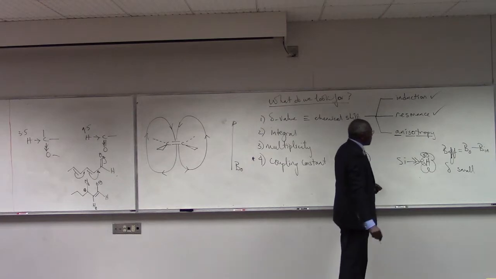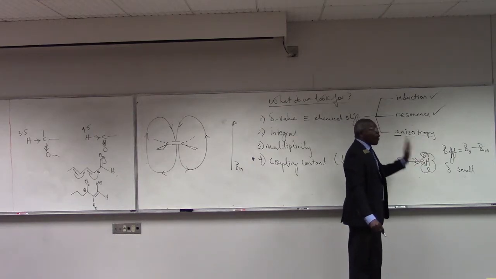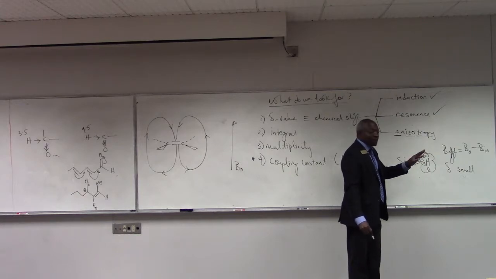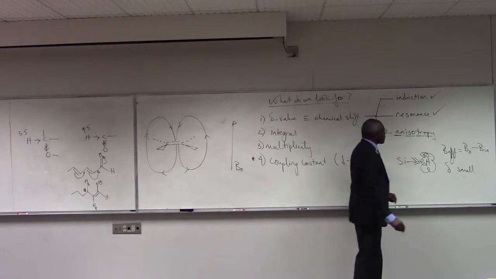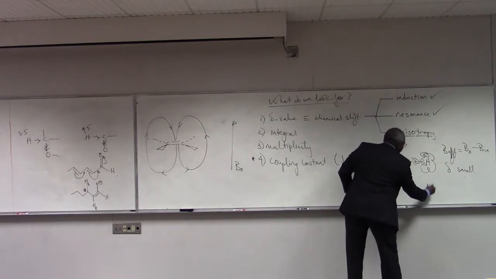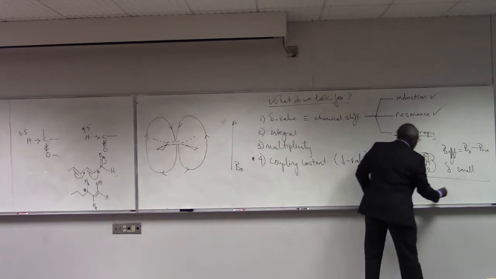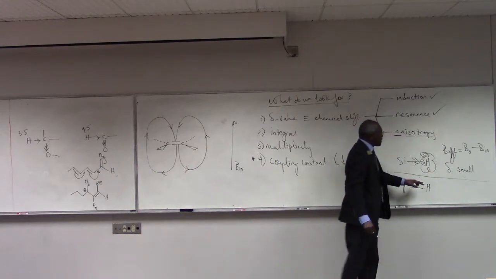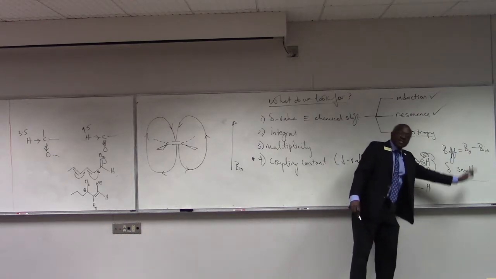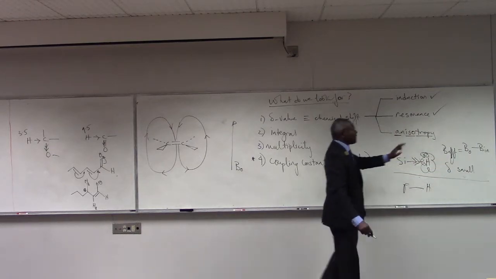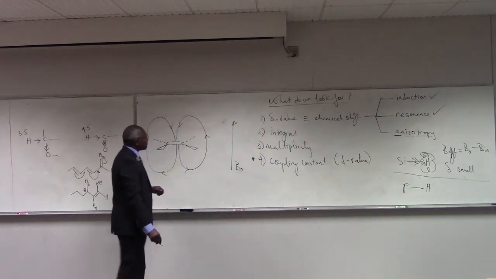So when the induced field is acting in opposition to the applied field, then the delta value is small. But in a case like H attached to F, where there's a small amount of electron density around the H, the B induced is low, and therefore the B effective is going to be larger, and that tends to a large delta value.